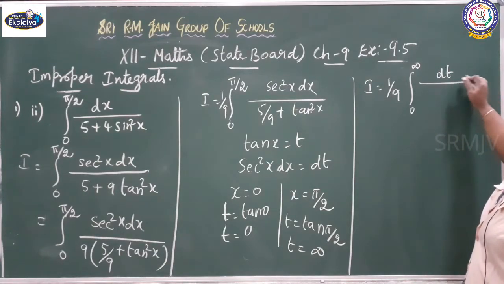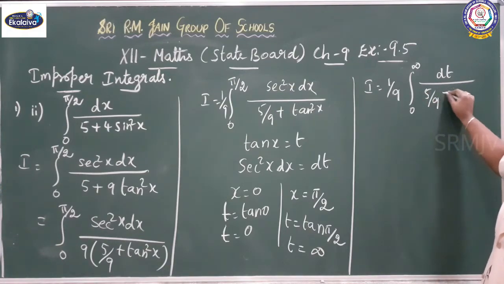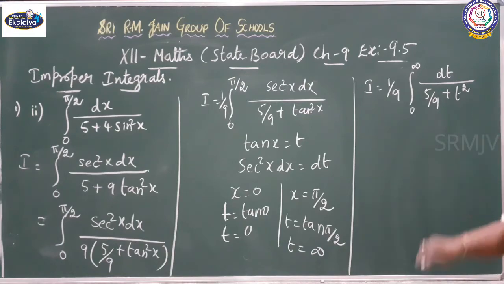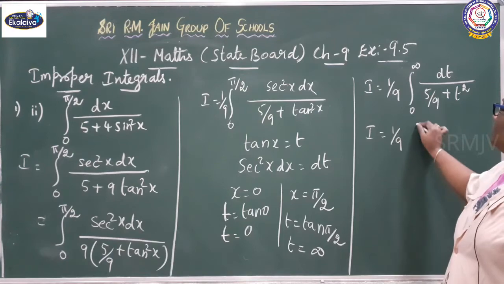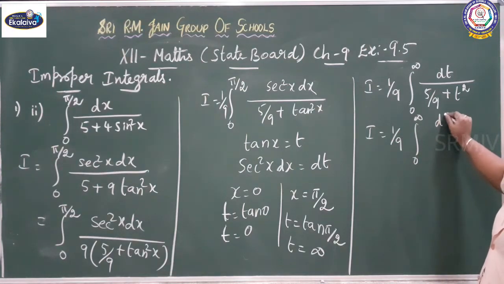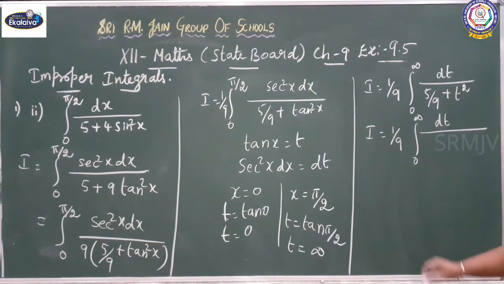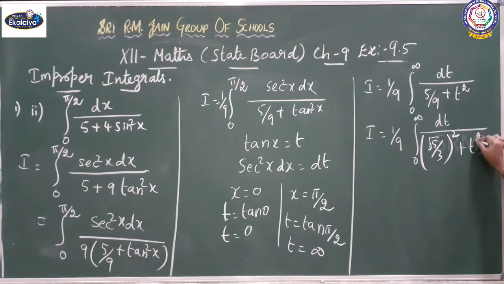I equal to 1 by 9 integral 0 to infinity, secant square x dx is nothing but dt, by 5 by 9 plus t square. So, I equal to 1 by 9 integral 0 to infinity dt by root 5 by 3 the whole square plus t square.